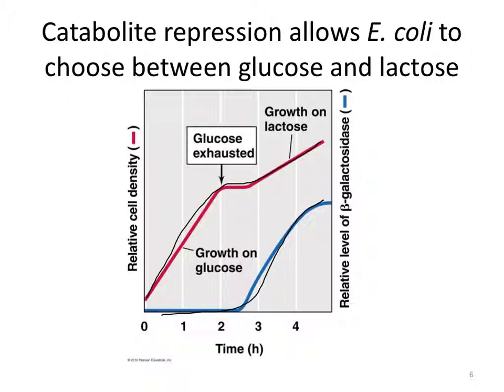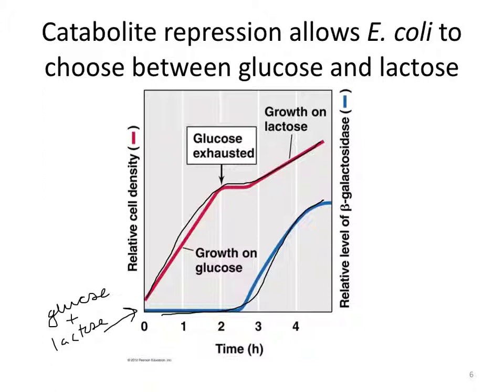If you start by growing cells in a mixture of glucose and lactose, so at the very beginning you have glucose plus lactose present, as these authors did, what you'll see is an increase in cell numbers, that's shown in the red line, and you'll see no beta-galactosidase initially.